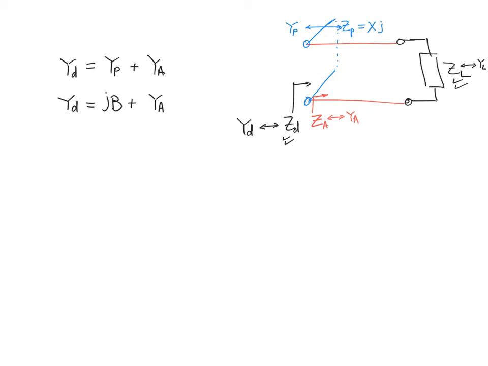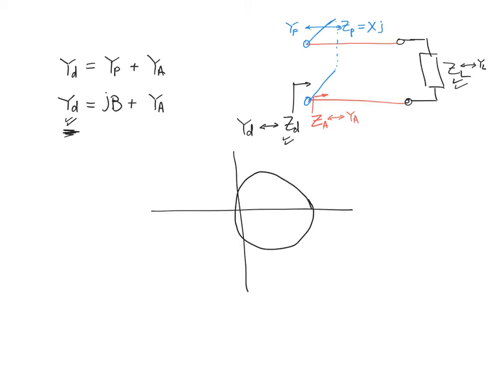And since I already know the desired impedance that I want to achieve, I know the desired admittance, so this real value is known to me. I can get it from YD. So if I go now to my Smith chart, I have one locus, which is basically a real value coming from YD.